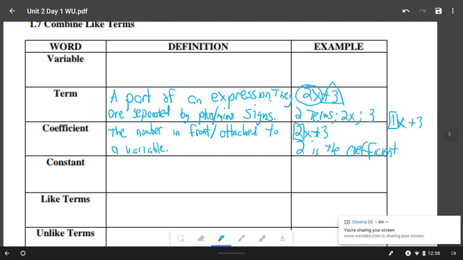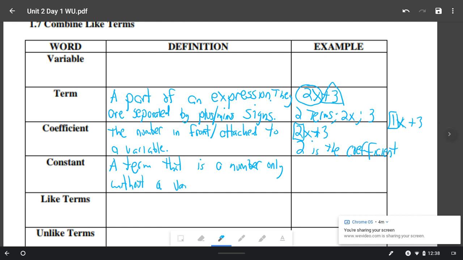If we continue to move on, we have a constant next. This is a term that is a number only, without a variable.